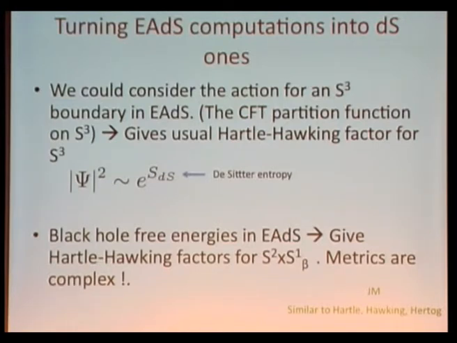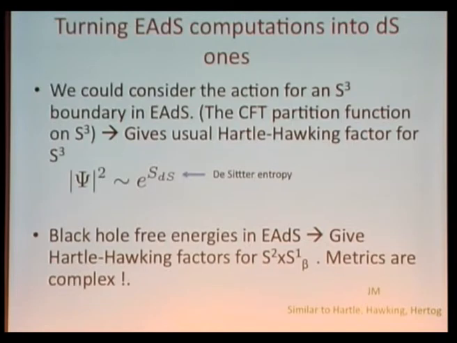Now, less trivially, in principle we could take any geometry that we had in anti-de Sitter and do this transformation. So as a simple example, we could take a boundary metric which is S2 times S1 with some radius beta.